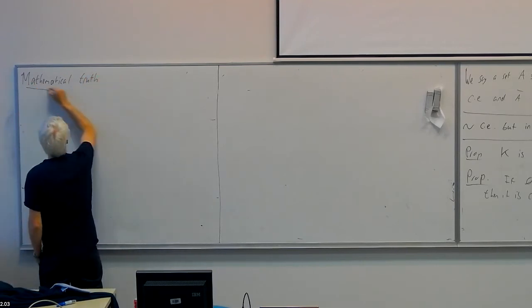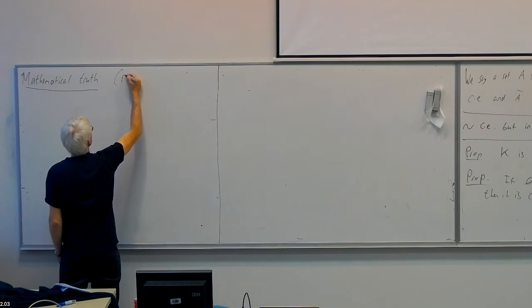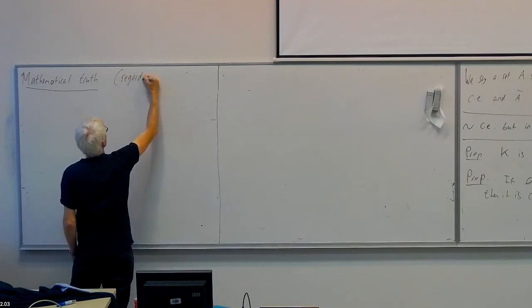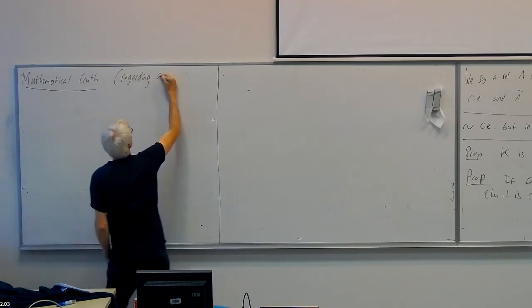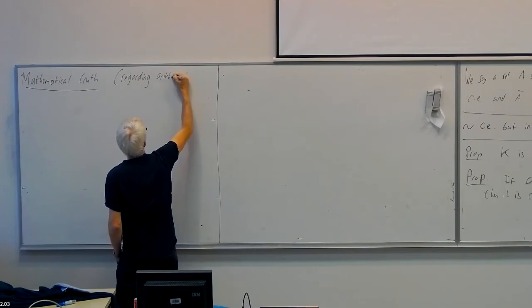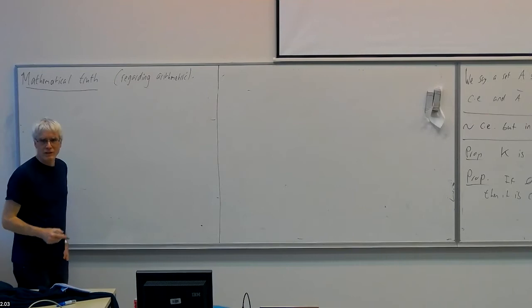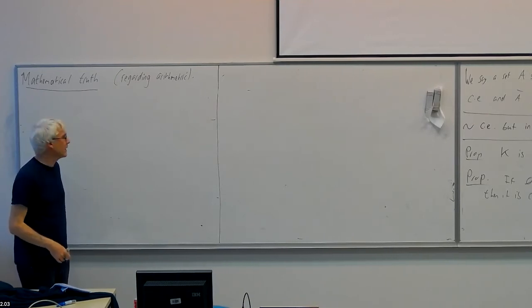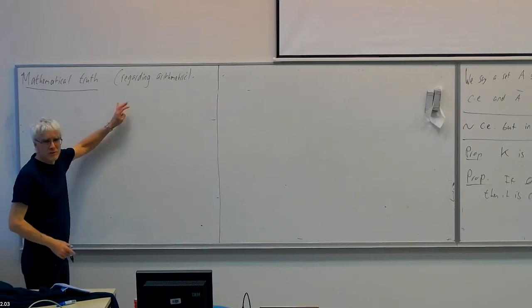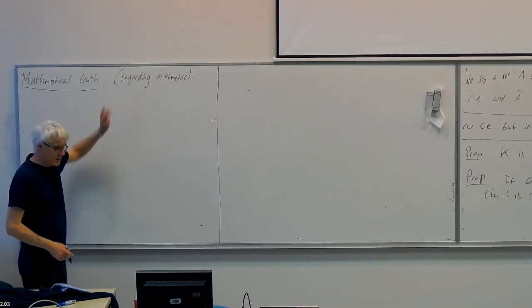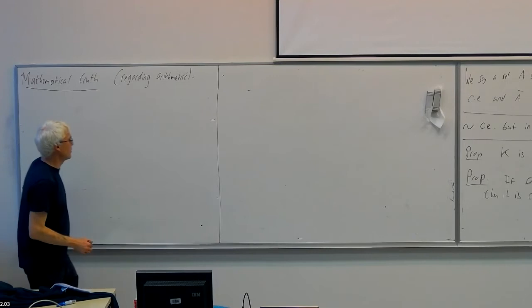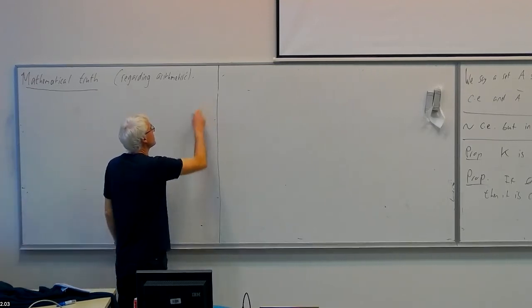But regarding arithmetic, which is like number theory, for which the notion of truth is less controversial than in more general mathematical subjects like set theory, where the very notion of truth is a bit controversial. Number theory is not very controversial, what it means for something to be true.